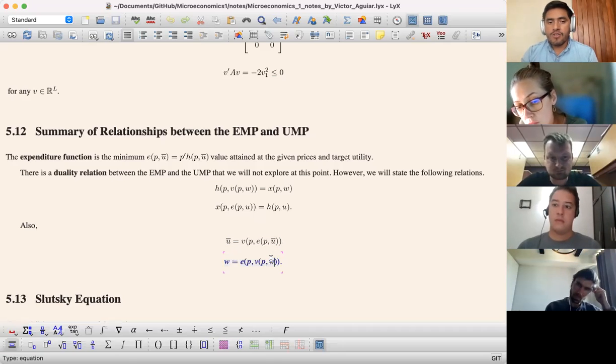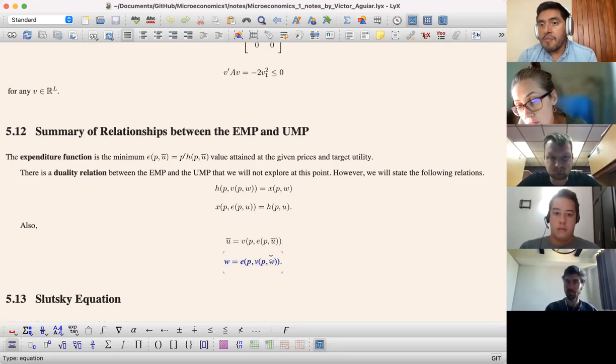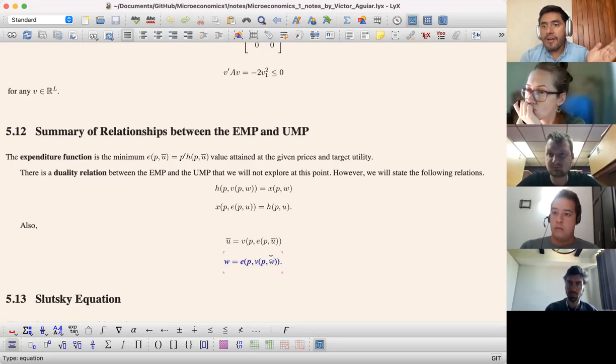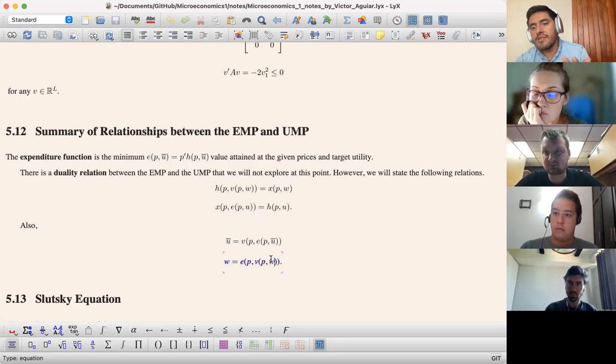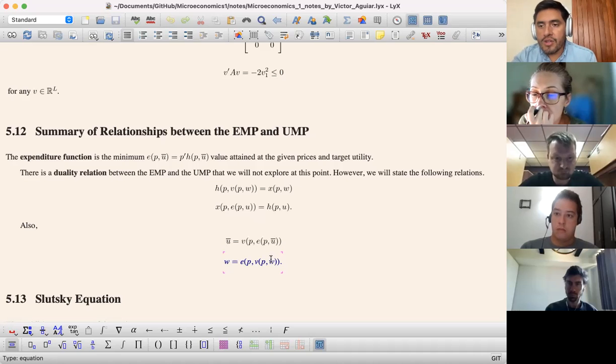Now, that's a cool thing. You're more advanced students, so you know that an inverse may be to the left or to the right; this inversion may happen in one direction and not in the other. Luckily for us, in this particular case, this is a full inverse, right? So there is a bijection between the two. In fact, I can take the expenditure function and notice this is also an inverse of the function, right? That's nice to have.